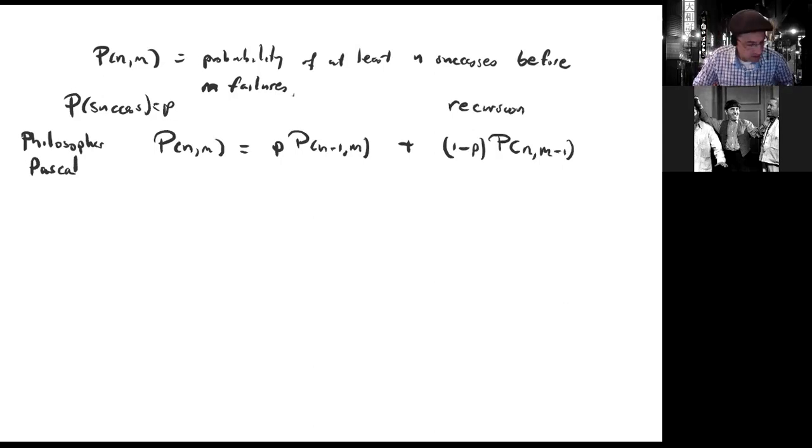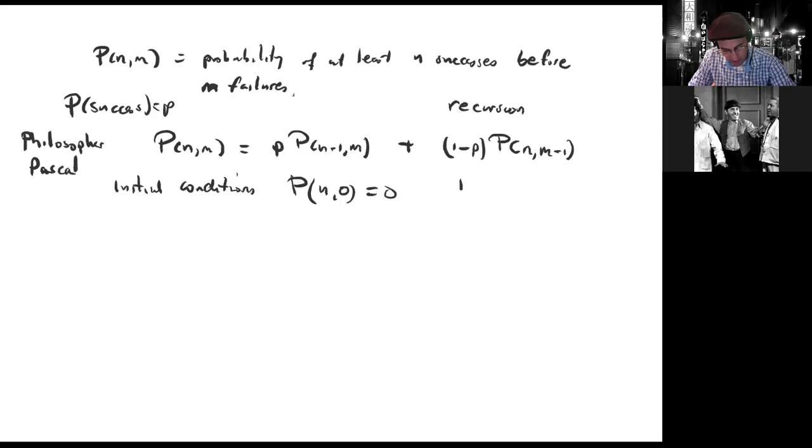And there's also some initial conditions to this. It turns out that if you think about what this means, P n0, the probability of making at least n successes before making 0 failures is absolutely 0.